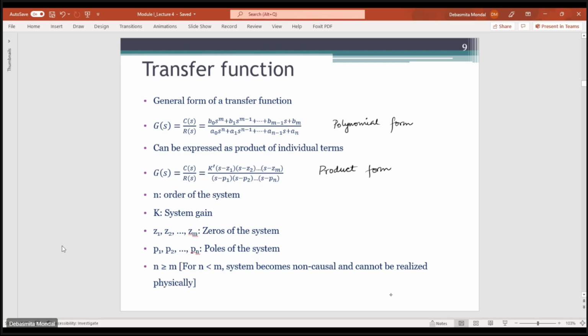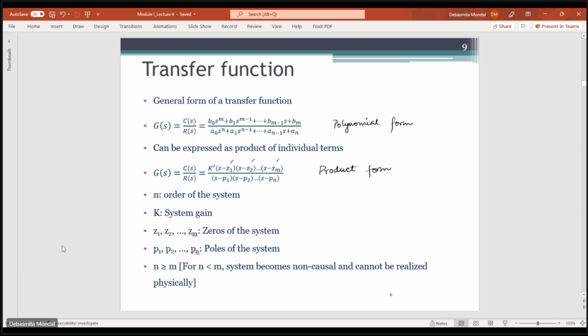When you represent the system in a product form like this, in the numerator you have the terms s minus z1, s minus z2. So z1, z2 till zm are known as the zeros of the system. Why are they known as zeros? Because if you substitute s with the value of z1, the magnitude of the system goes to 0.